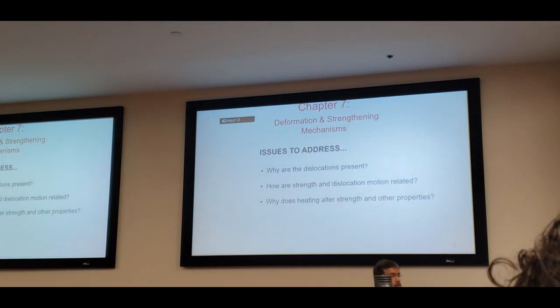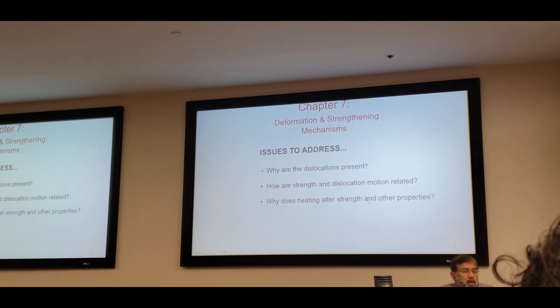That's what we are going to talk about in this chapter. Why are dislocations present? How are strength and dislocation motion related? Why does heating alter strength and other properties? This is what we are going to see in this chapter: deformation and the strengthening mechanism.